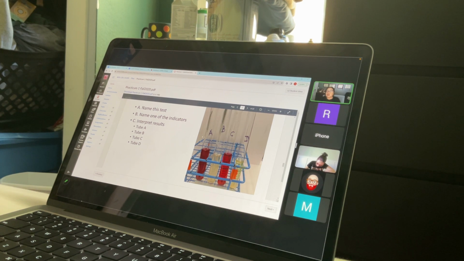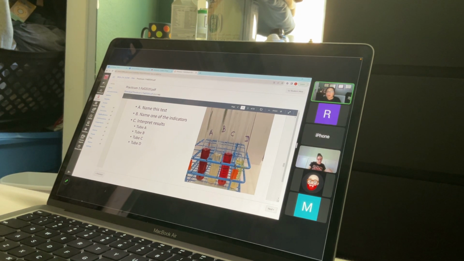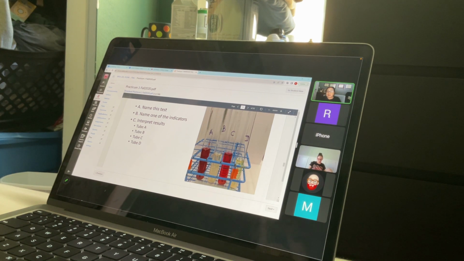So if your tube comes out and you see growth and you need to add reagent, I'm going to ask you to add 3 drops of each into each of the two. One after the other, it doesn't matter what order. Then you wait a minute or so. If your broth turns red after you add those 2 reagents, then that is a positive result for nitrate reduction.